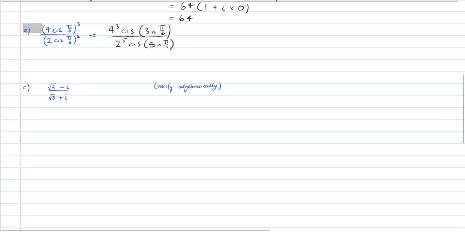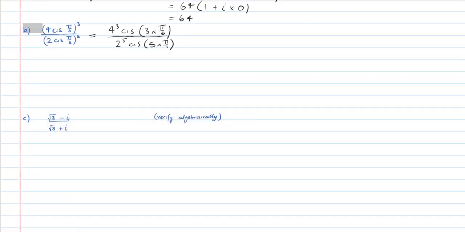This is equal to 4 to the power of 3, which I'm going to write as 2 squared to the power of 3, and this is cis of pi on 2, all over 2 to the power of 5, cis 5 pi on 3.